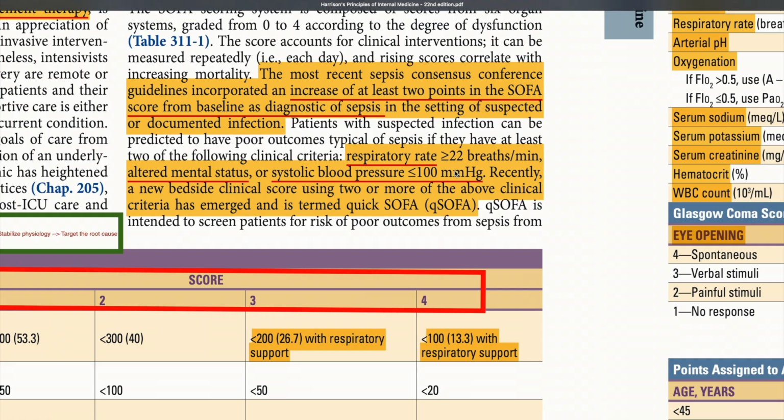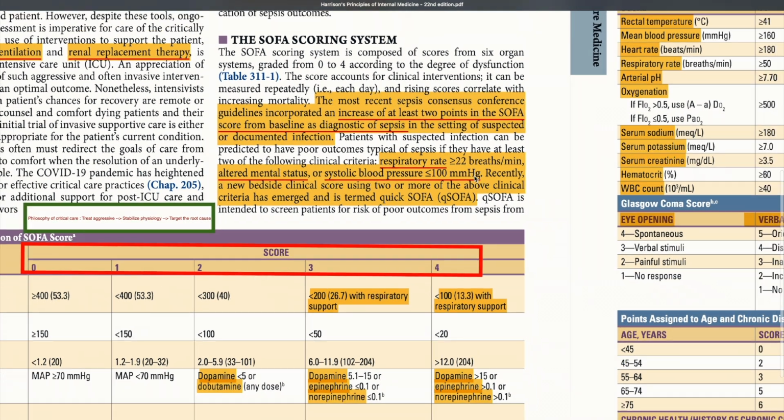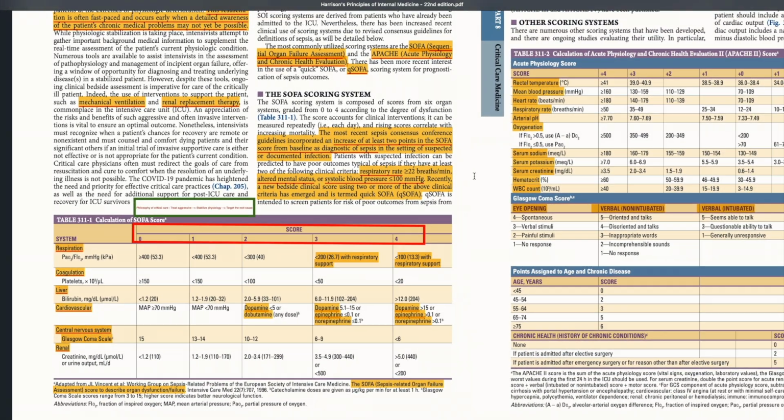Respiratory rate more than 22 breaths per minute, altered mental status based upon the Glasgow Coma scale, and systolic blood pressure less than or equal to 100 mmHg. So qSOFA is a quick screening protocol in ICUs.